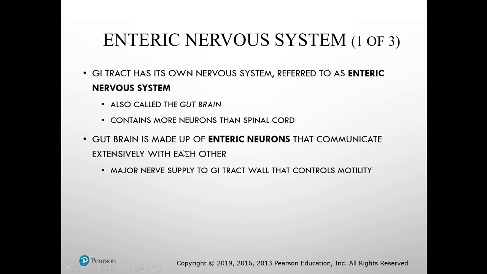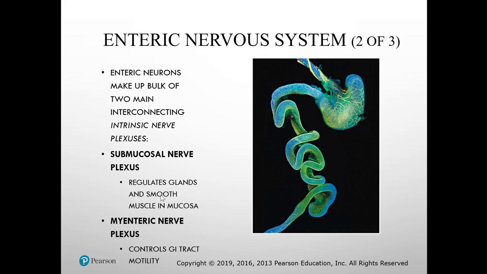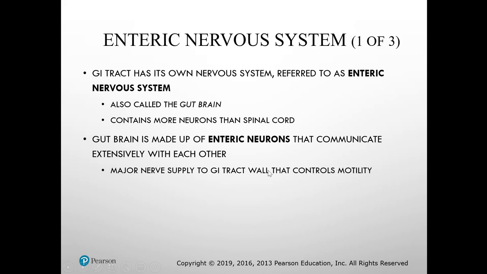So the gut brain is made up of many millions of enteric neurons that communicate extensively with each other. Major nerve supply to the GI tract wall will actually be controlling the motility of your GI tract.